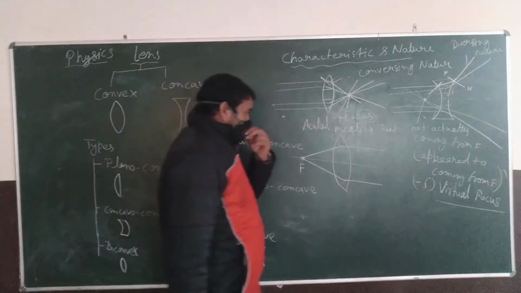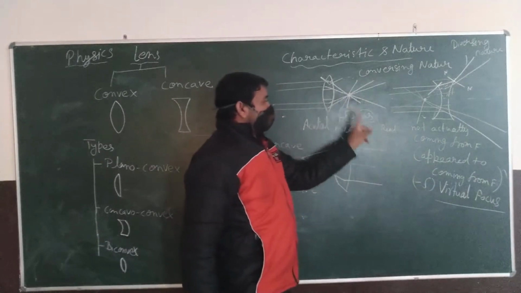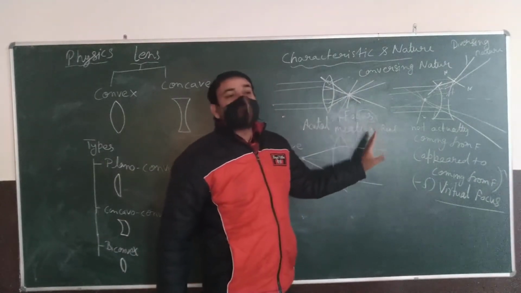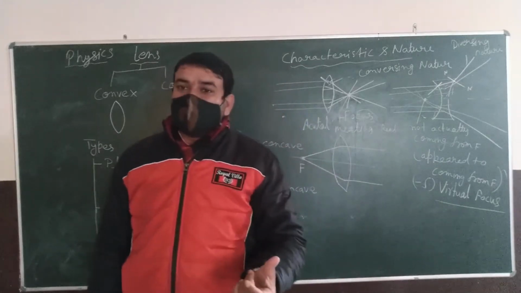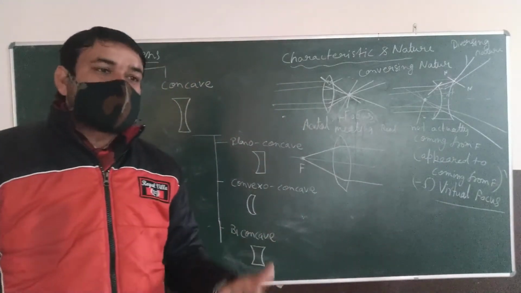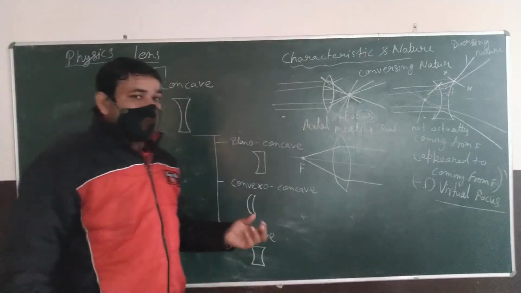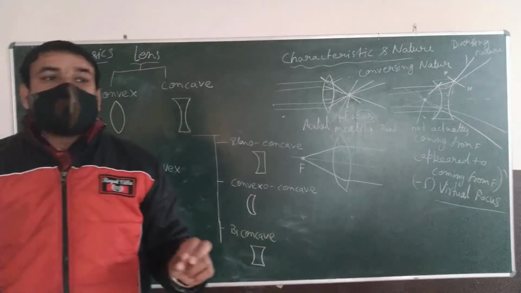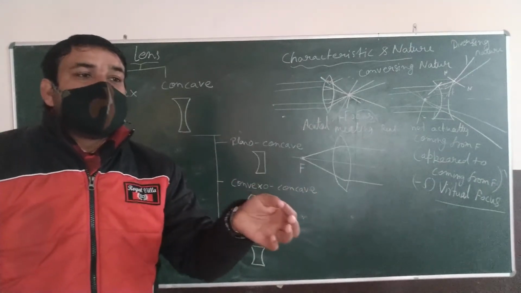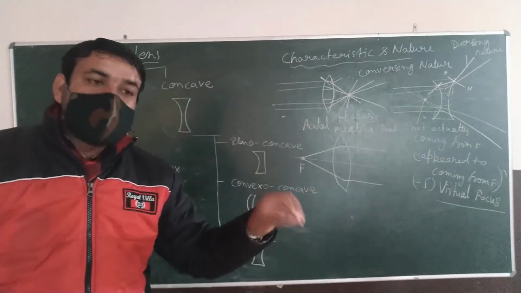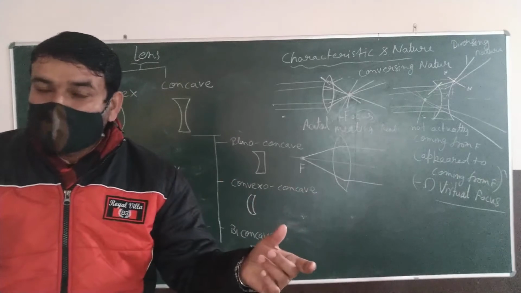Second thing, because a convex lens has a real focus, it is able to form all kinds of images. We have two kinds of image, real image and virtual image. And there are three characteristics of image size: smaller, larger, or equal.